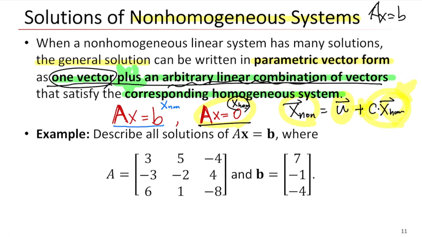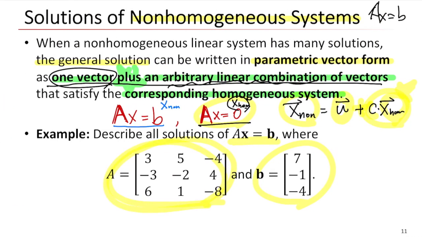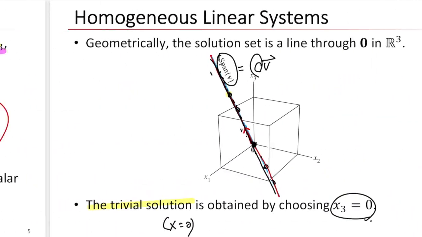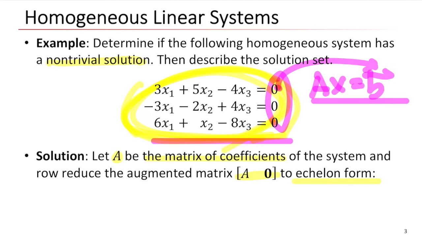Describe the whole solution of the non-homogeneous system Ax equals b, where A is like this, b is like this. Especially this coefficient matrix A is exactly the same as this system, right?